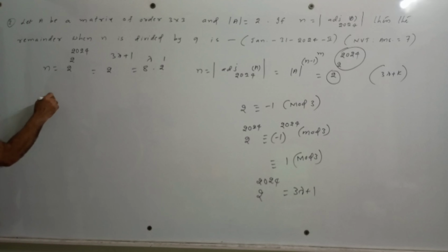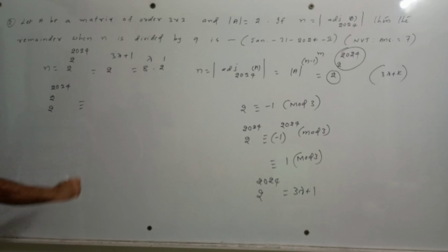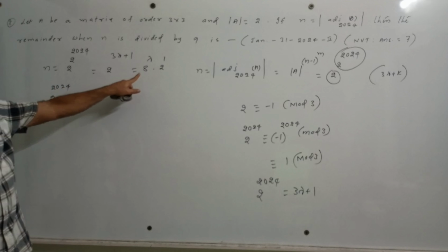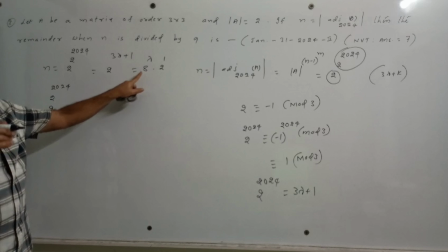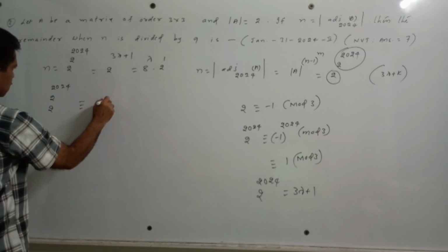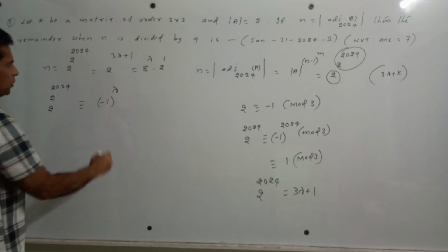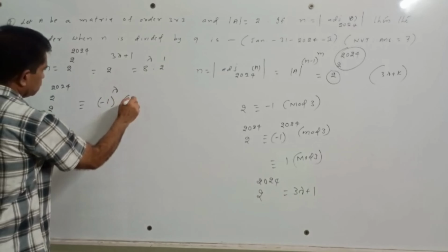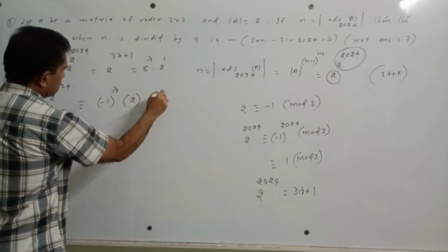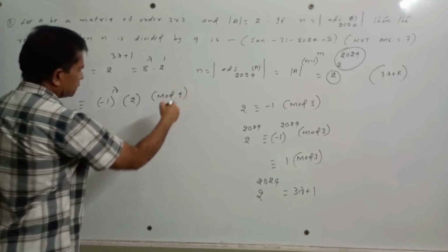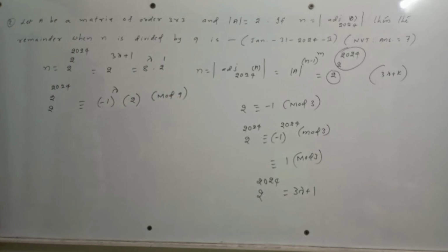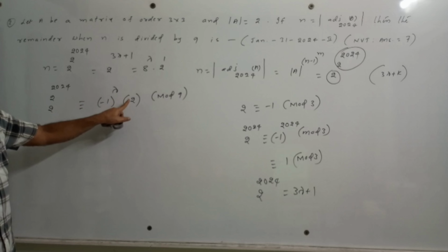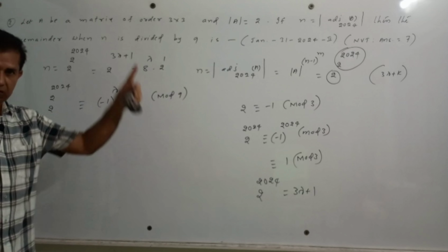So it is congruent to: 8 divided by 9, remainder is minus 1, so it becomes minus 1 to the power of lambda; 2 divided by 9, remainder is 2. This is modulo 9. So this number is congruent to minus 1 to the power of lambda into 2 modulo 9, because the divisor is 9.